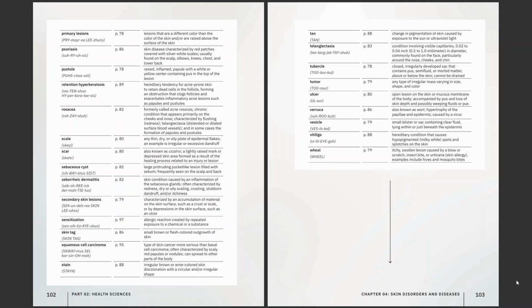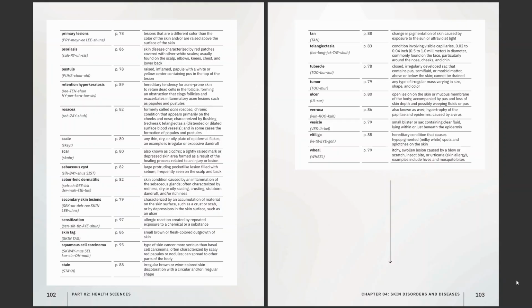Retention hyperkeratosis, hereditary tendency for acne-prone skin to retain dead cells in the follicle, forming an obstruction that clogs follicles and exacerbates inflammatory acne lesions such as papules and pustules.